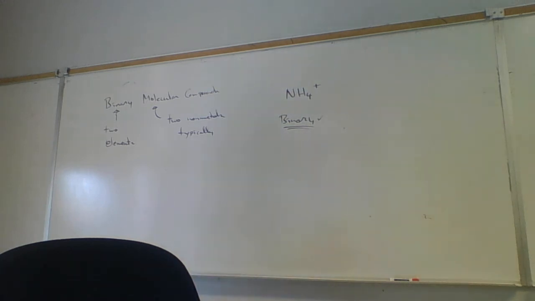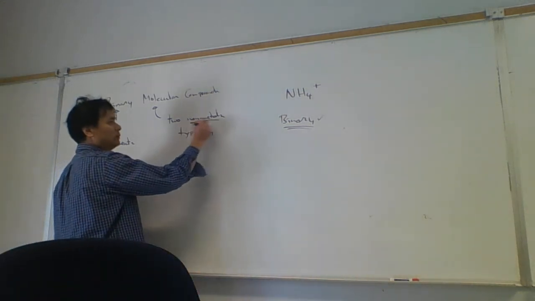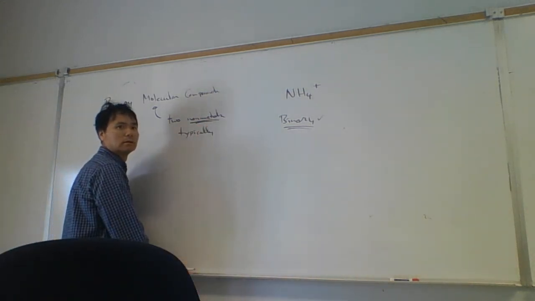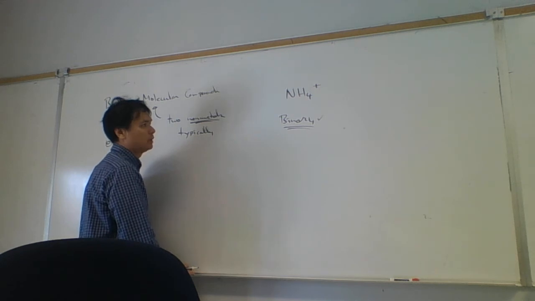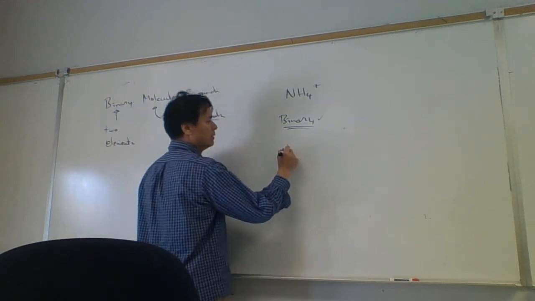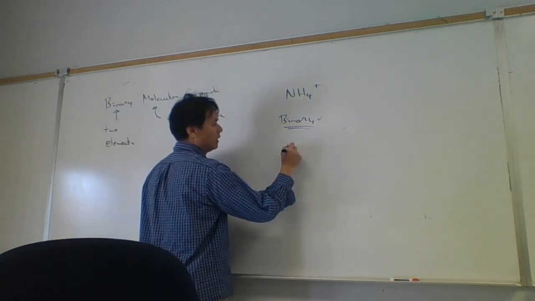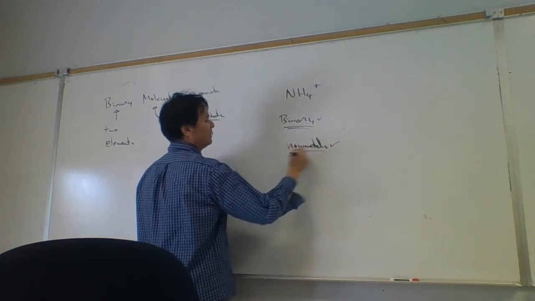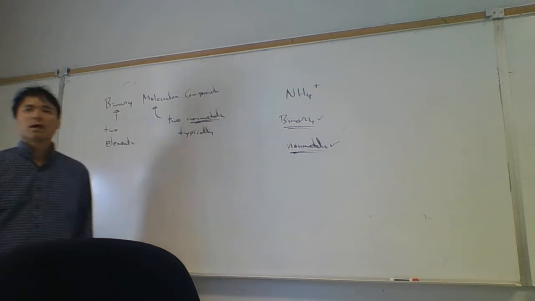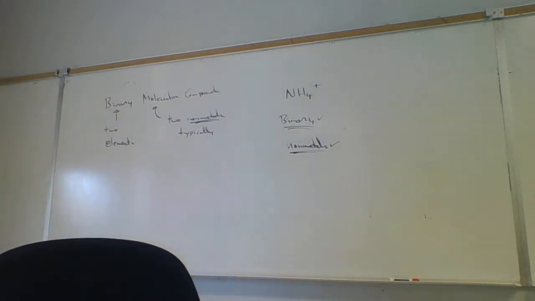Then, are we dealing with nonmetals? Nitrogen is a metal or non-metal? Non-metal. Hydrogen is a non-metal. And so we would expect it to be nonmetals. Check. Good. And so is this a binary molecular compound? And it's not.